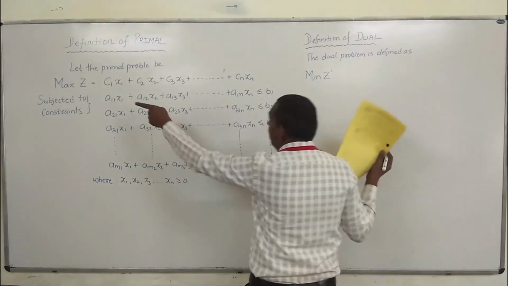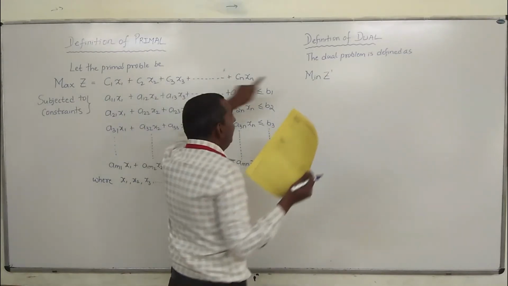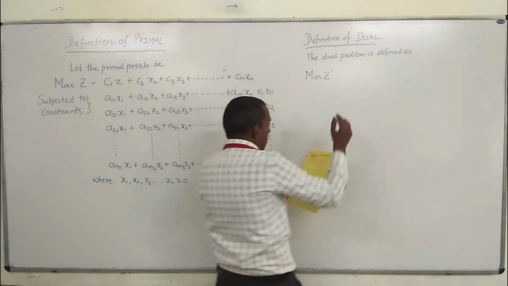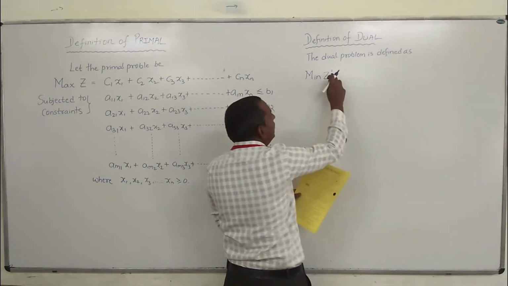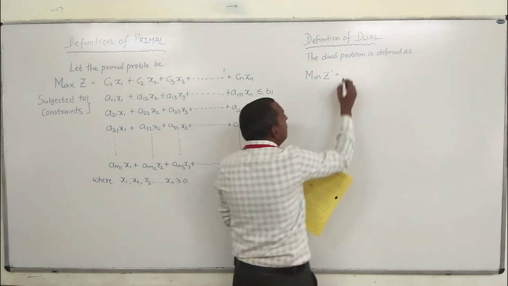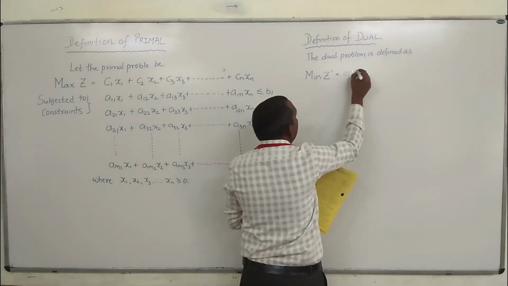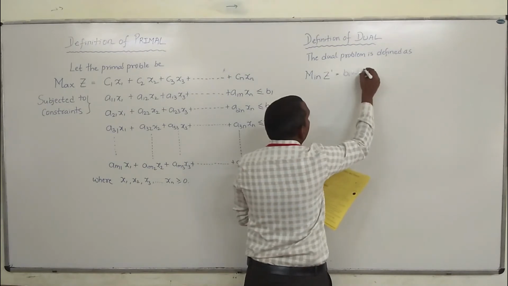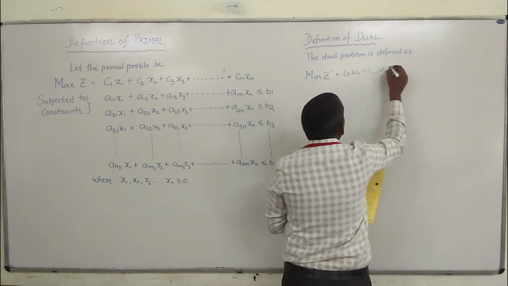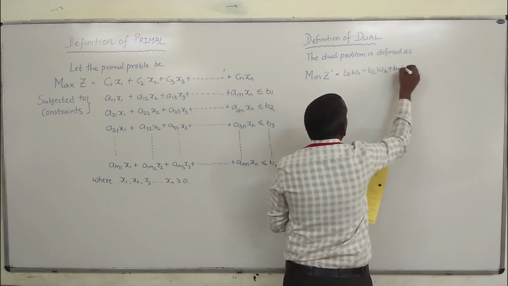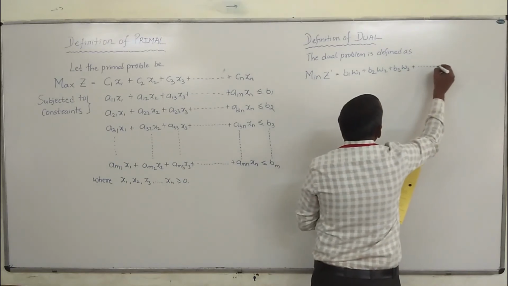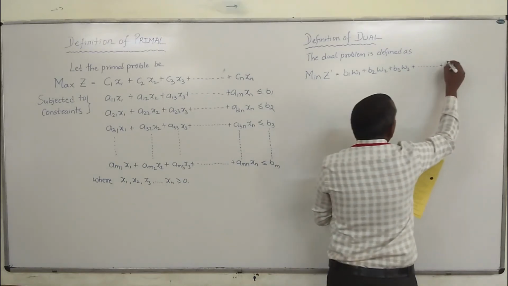Presently this problem is maximization, that's why we are writing minimization here. Fine. So minimize Z1 equals b1 w1 plus b2 w2 plus b3 w3 and so on up to bm wm. This symbol 1 refers to the dual.